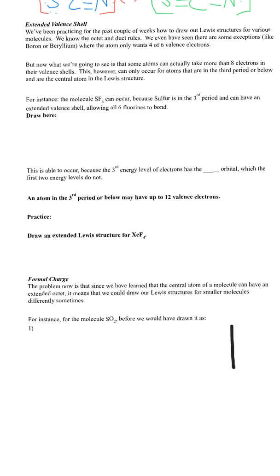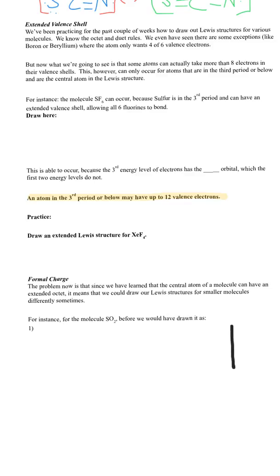And if you remember why we said that, it is because of the d orbitals. The d orbitals open up a lot of space for atoms that are in the third period or lower to get more electrons. So if you look midway down this paper, I'm going to try and highlight it for you. Hey, I did it.